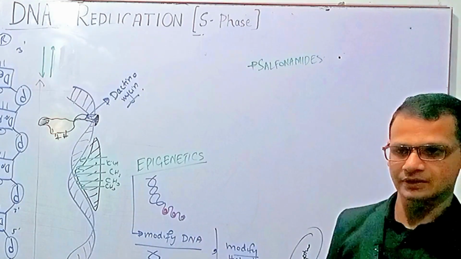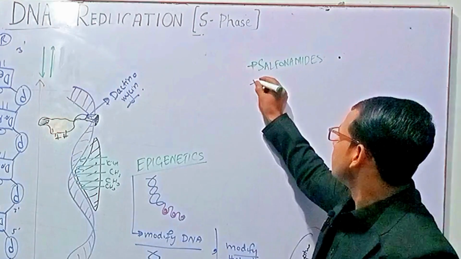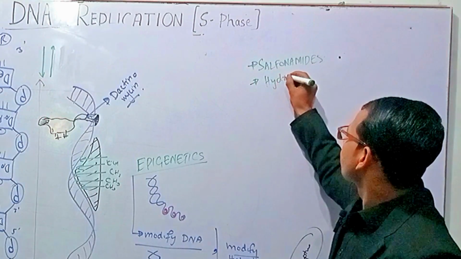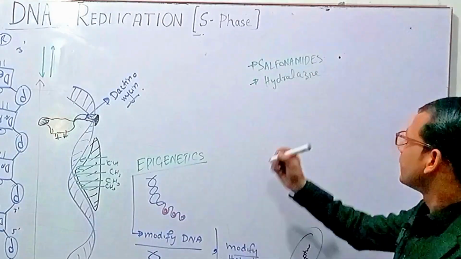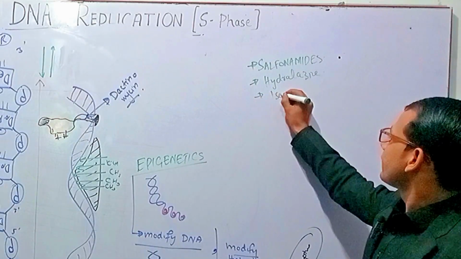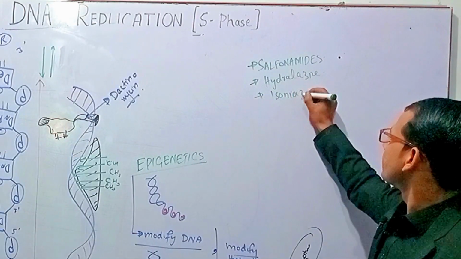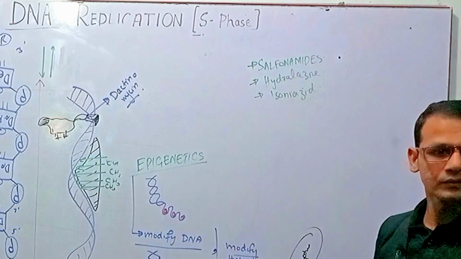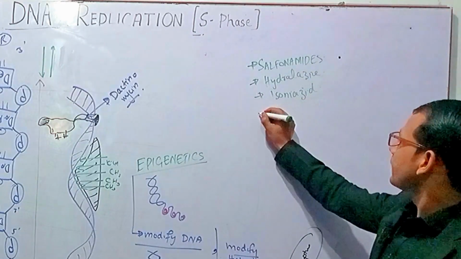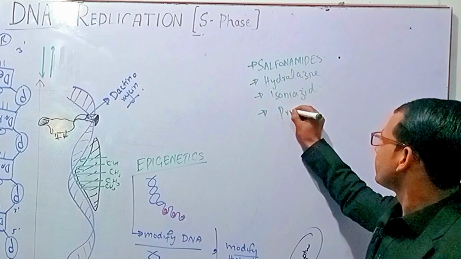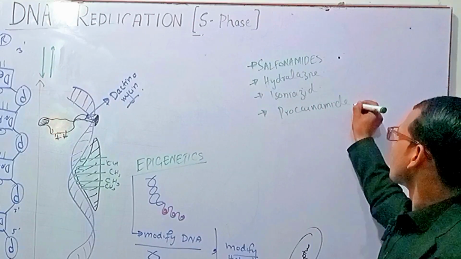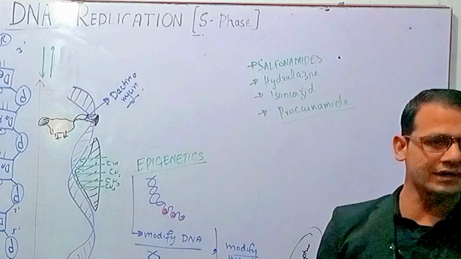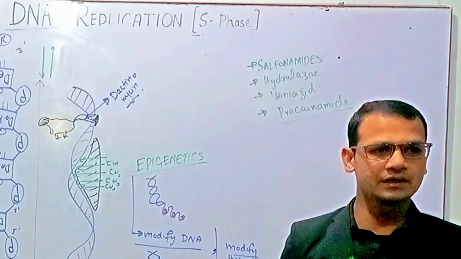This is a class of antibiotics. Hydralazine, one of the safe drugs in pregnancy, right? Isoniazid, an anti-TB drug, right? The next is procainamide, and procainamide is an anti-arrhythmic drug used for the heart, right?